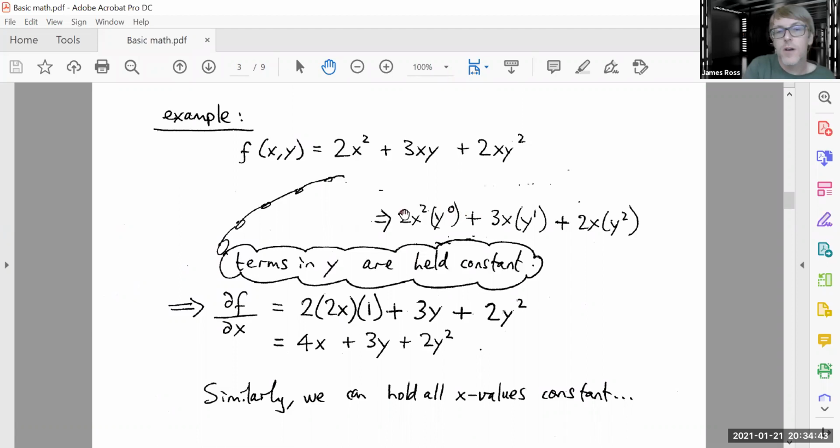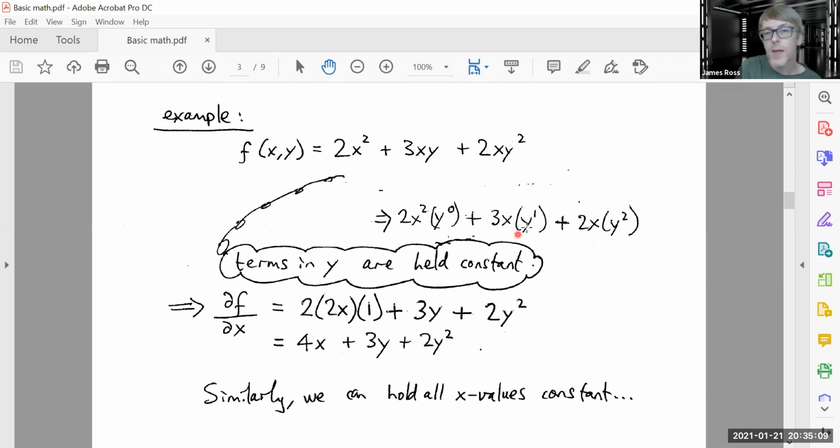For this first term, I've got a coefficient 2, so that's just a coefficient 2. Then I'd take the derivative of x squared, so the squared symbol comes down to give me 2x to the 2 minus 1, which is just 2x. And then y to the 0 is just 1. So 2 multiplied by 2x multiplied by 1 is this first term.